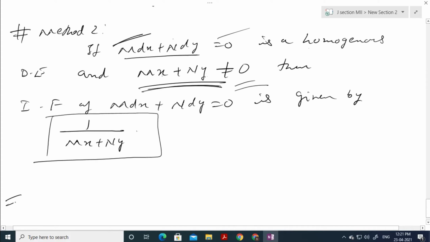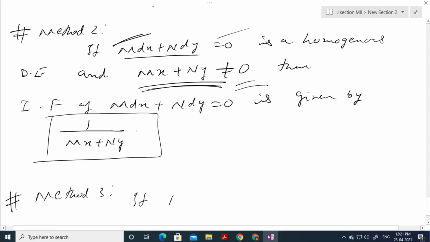Note down the next one, method 3. Here again new conditions will be there. For this we are not bothered about whether the given equation is homogeneous or not. We won't check it.